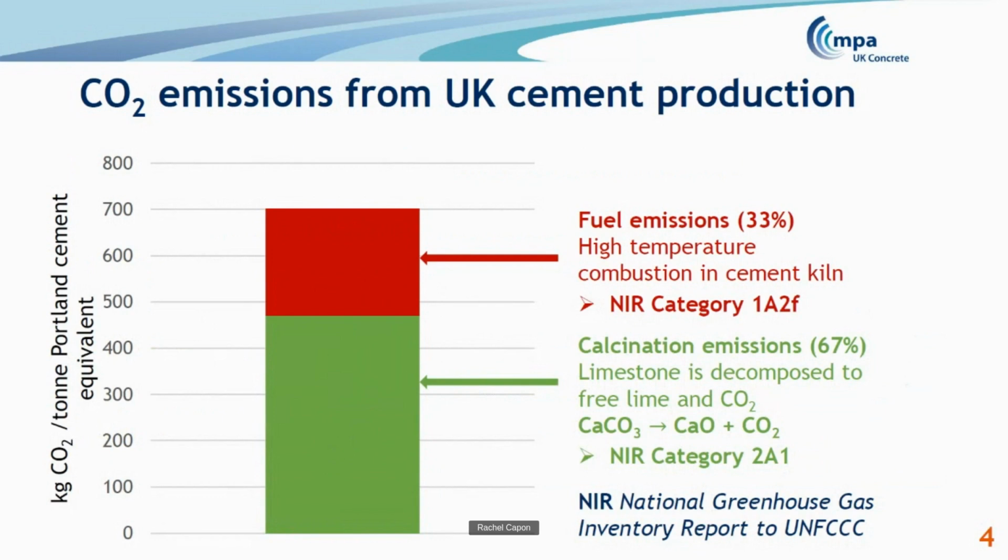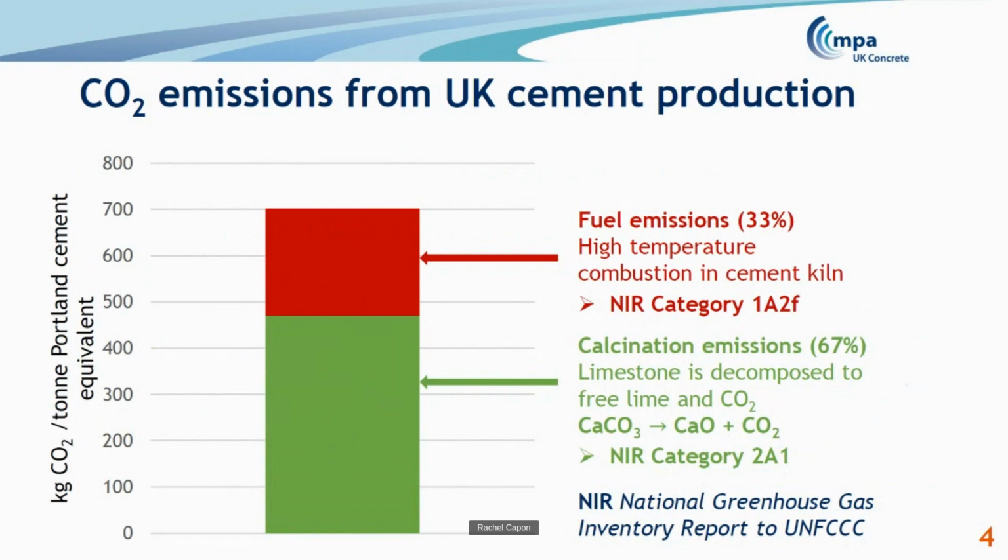The calcination reaction that takes place in the kiln, in the UK, is actually responsible for 2/3 of the total CO2 emissions from UK cement production, and that is reported in category 2A1 in the National Greenhouse Gas Inventory Report to the UNFCCC.